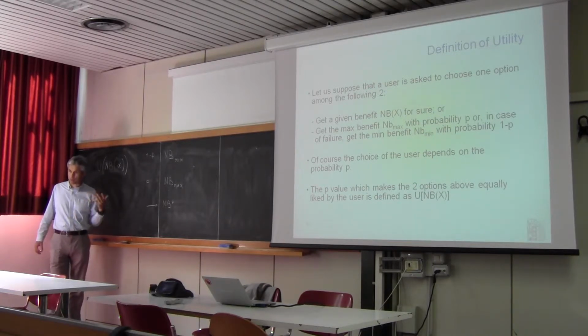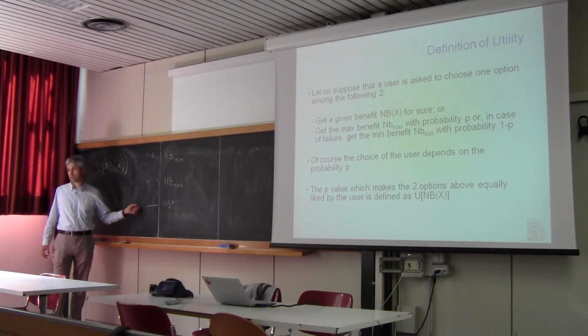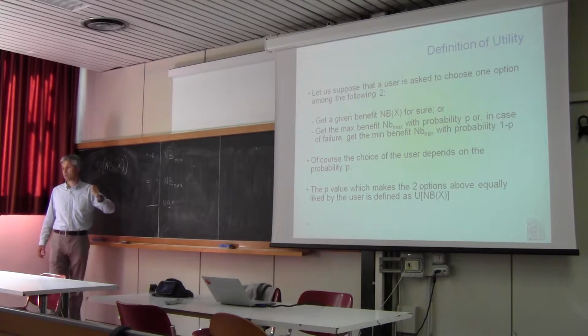And if he's a person that doesn't like the risk, he would continue to select this, or he would like to get a very high value of P in order to prefer the second option. If instead he's a person that likes the risk, like a gambler, then he would select the second, even if P is very small.